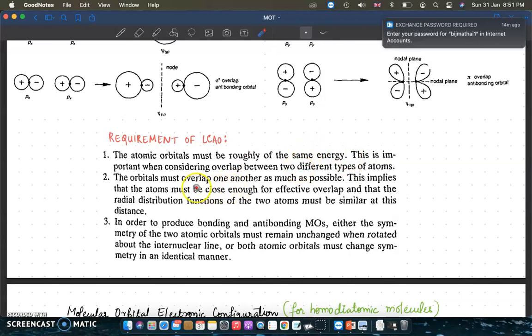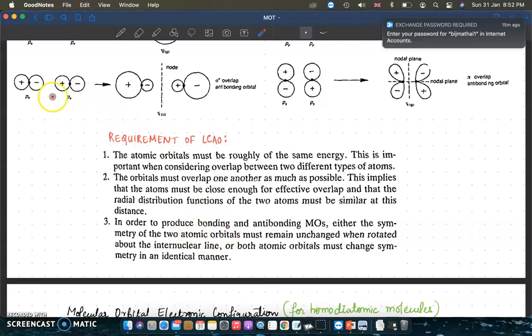The second important point is that there should be maximum overlap between the two atomic orbitals. If there is no proper overlap between the atomic orbitals, it will not be considered under the linear combination of atomic orbitals. Another important thing is that they should have similar symmetry about the internuclear axis.